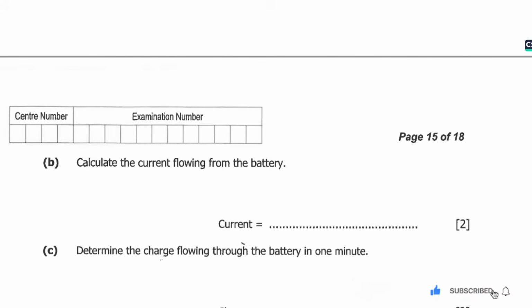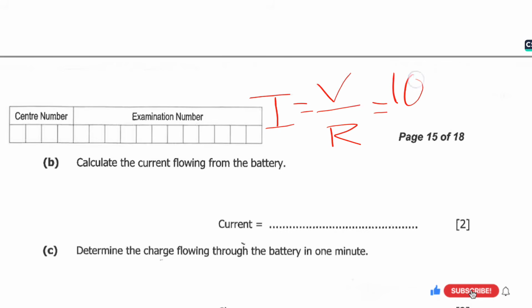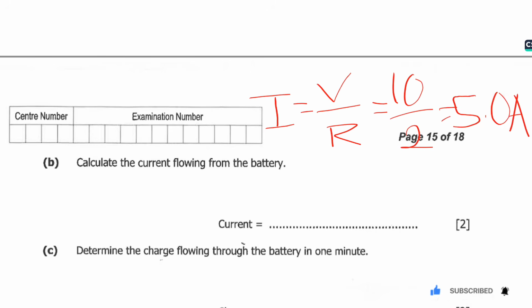Current equals voltage over total resistance. Voltage is 10, total resistance is 2, so 10 divided by 2 is 5.0 amps.